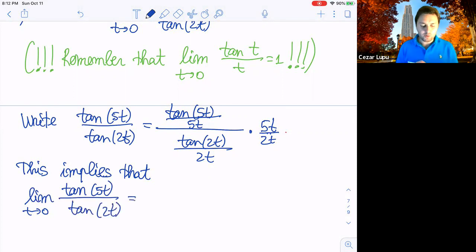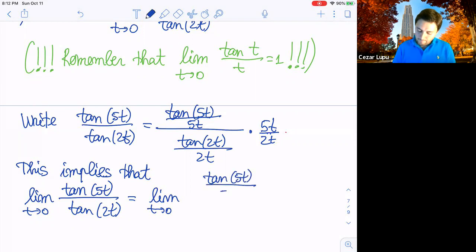Now we can apply the quotient rule as well, if you want. Let me write it in this way, and then I will apply the quotient rule. So tangent of 5t over 5t, times 5 over 2.